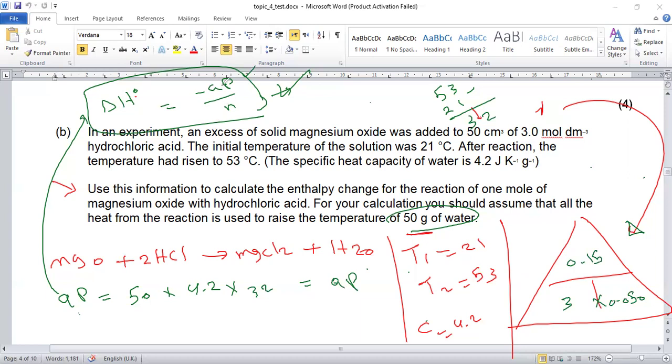So the value of QP divided by 0.15 gives you the enthalpy change of the reaction of 1 mole of magnesium oxide.